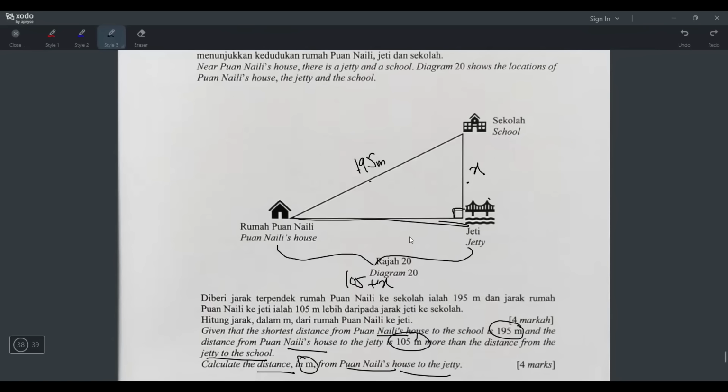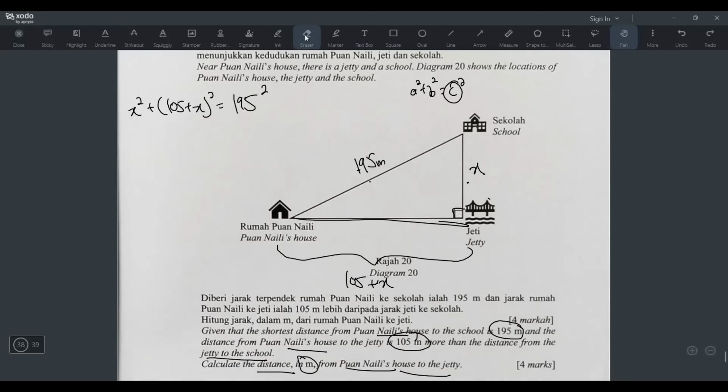So the Pythagoras theorem says what? A square plus B square equals C square, where C is the longer side, the hypotenuse. So for this case, the hypotenuse is 195. So we can write it as x square plus (105 plus x) square equals 195 square.